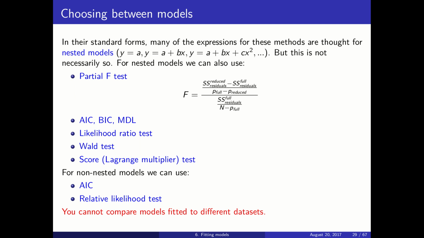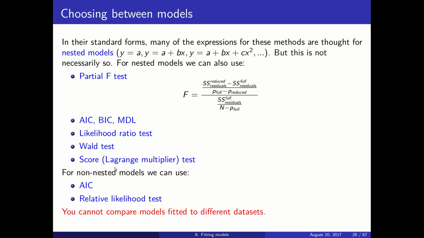We will not enter into that. But the thing is that now you can construct a test and see whether this F is larger than something. If it is larger than something, you reject the hypothesis that the two models, the reduced one and the full one, have the same explanatory power.